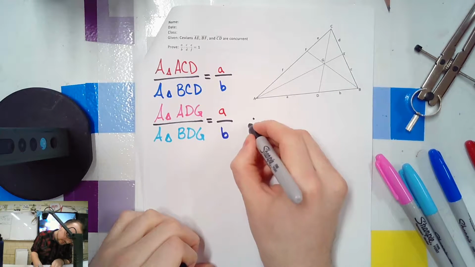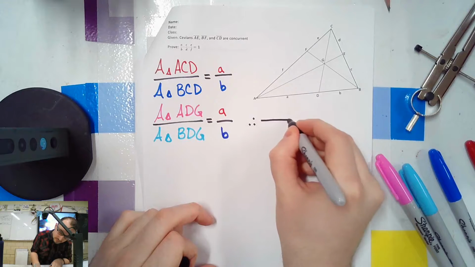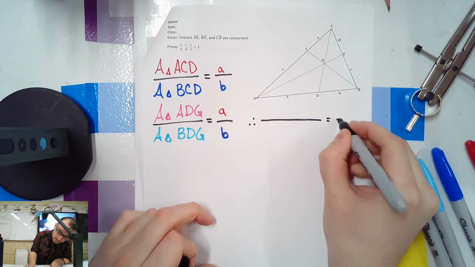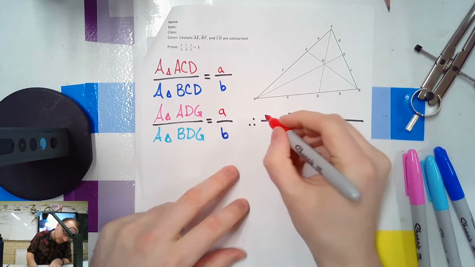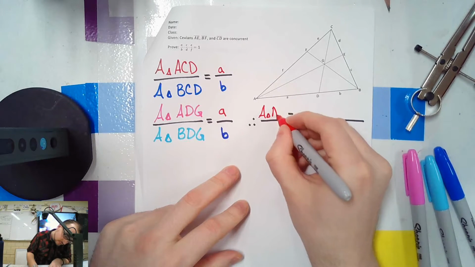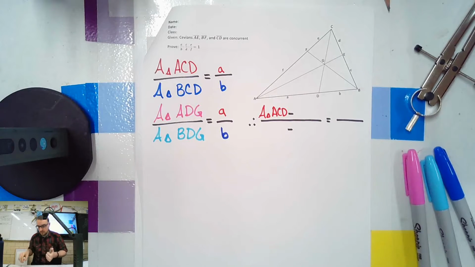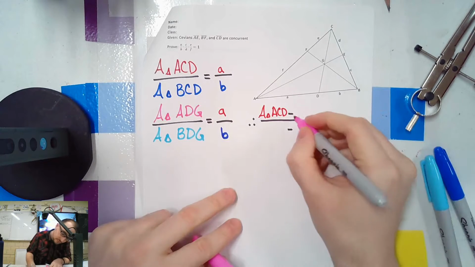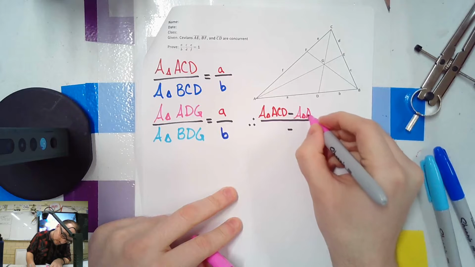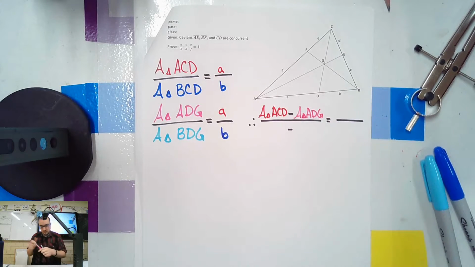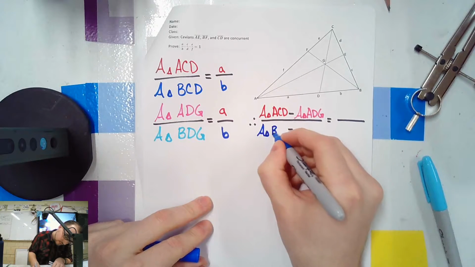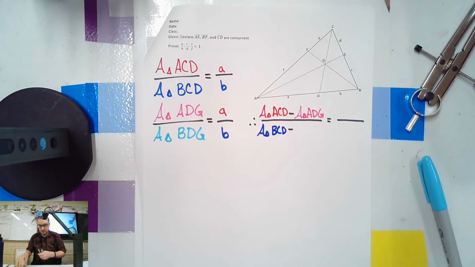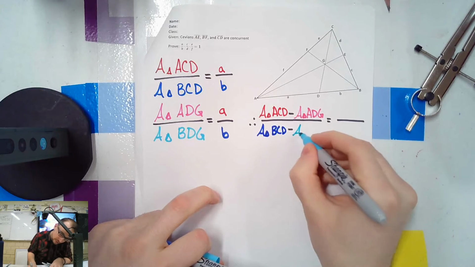Therefore, I'm allowed to subtract these two and get A over B.